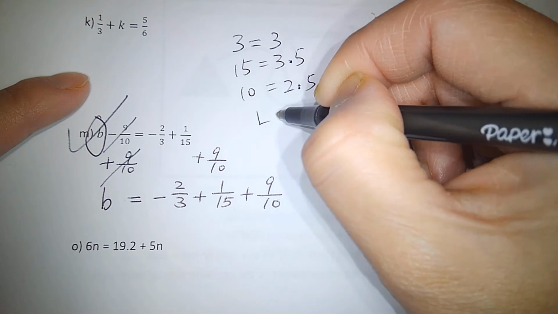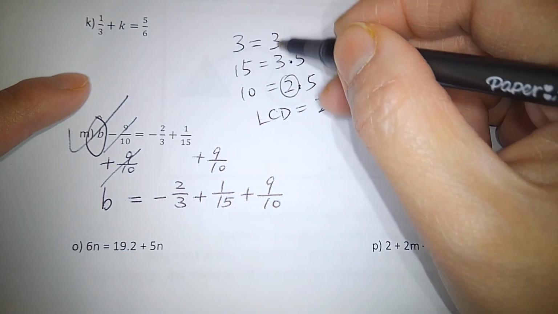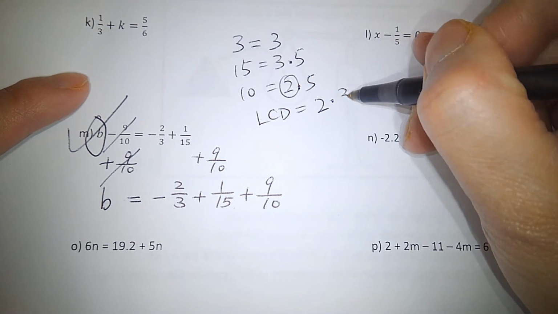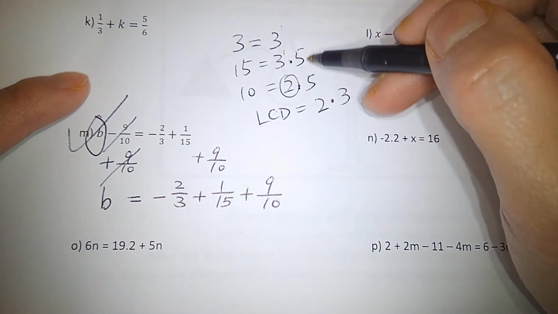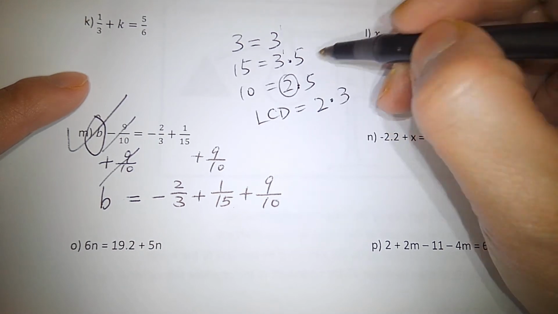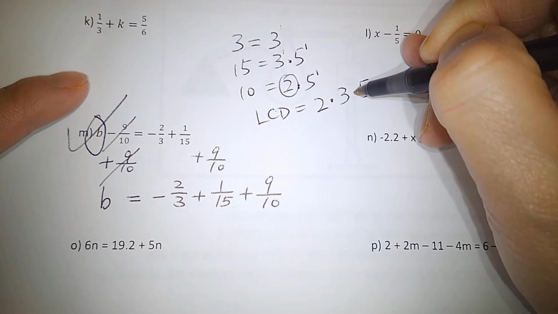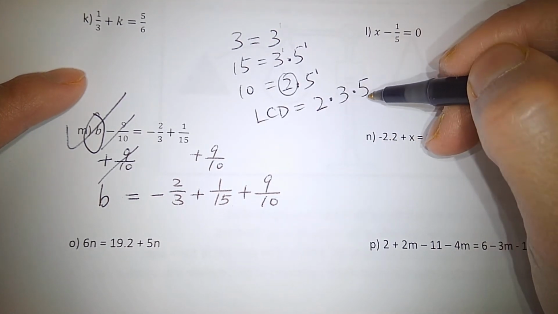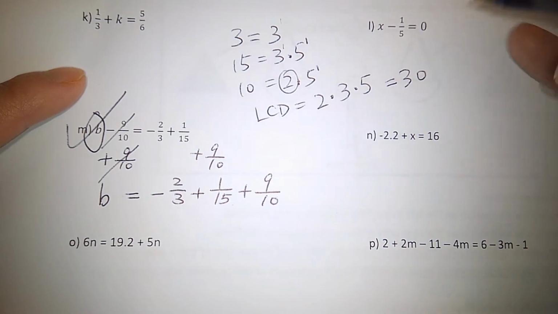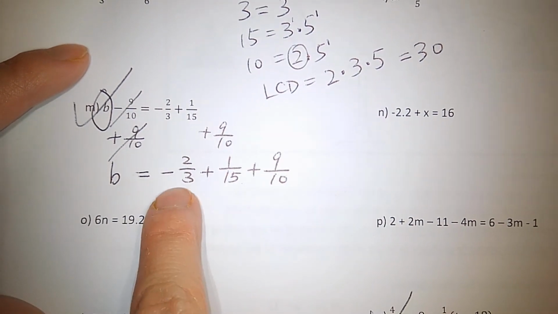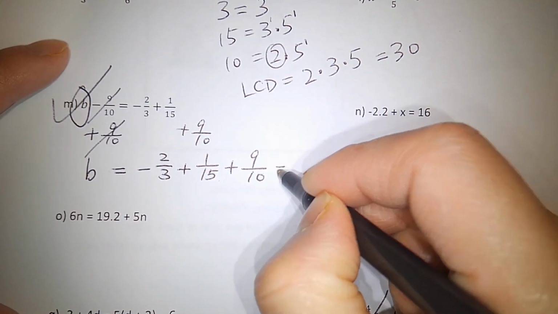So the LCD is going to be what? 2 shows up, choose it. 3 shows up, choose it, just once. How about 5? Yes, 5 shows up once here and once there, so only one 5 is chosen. So what is the LCD, everybody? 30.